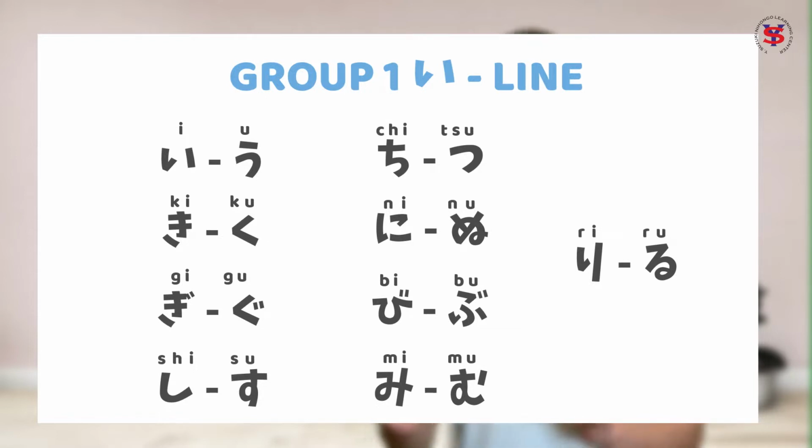First, we're gonna have to change these to their corresponding U line. So, i becomes u, ki becomes ku, gi becomes gu, shi becomes su, chi becomes tsu, ni becomes nu, bi, bu, mi, mu, and di, du.